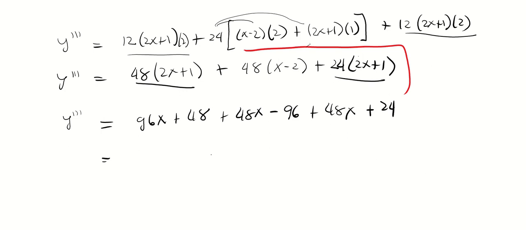Then we can add them. 96x plus 48x plus 48x, so 96 times 2, and that will be 192x. Then for the constant, 48 minus 96 plus 24, so it will be equal to negative 24. And this will be the third order derivative. So it's better if you simplify this one.